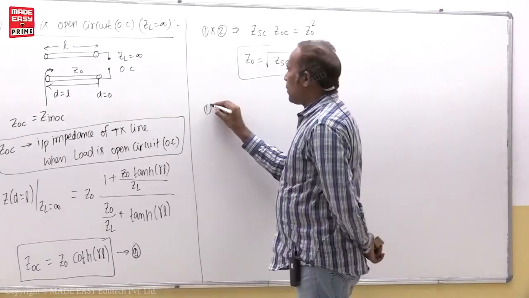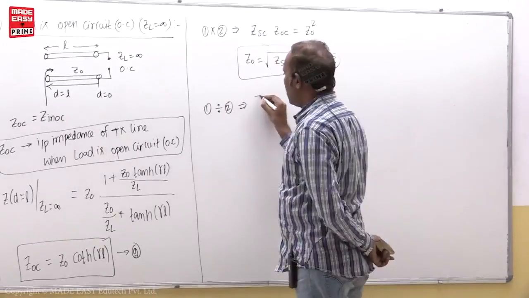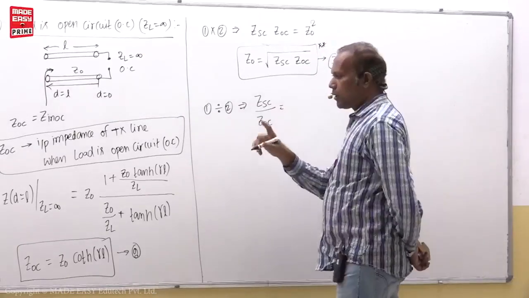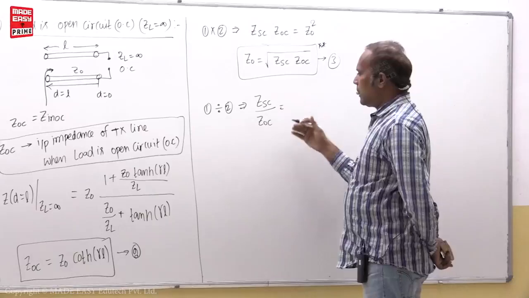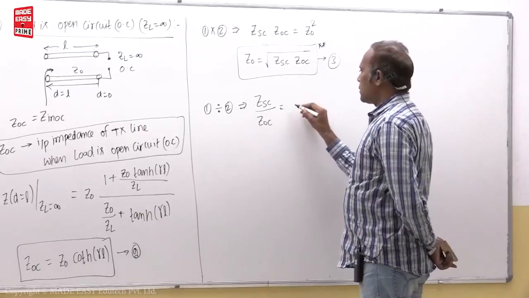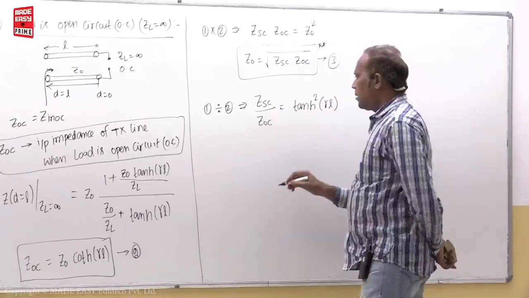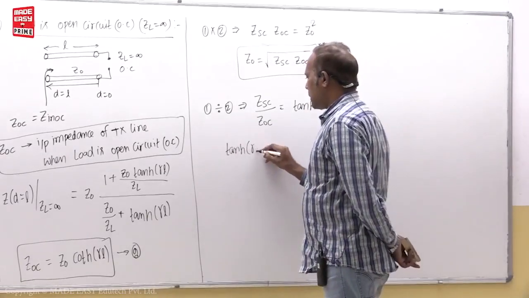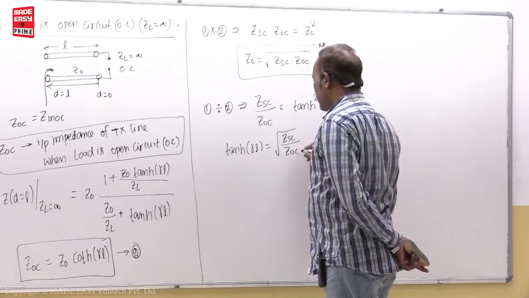So equation 1 divided by equation 2 implies ZSC divided by ZOC is equal to Z0 cancels Z0, numerator tanh(γL) divided by coth(γL). So it becomes tanh square γL. Now from this, tanh(γL) is equal to root of ZSC divided by ZOC.